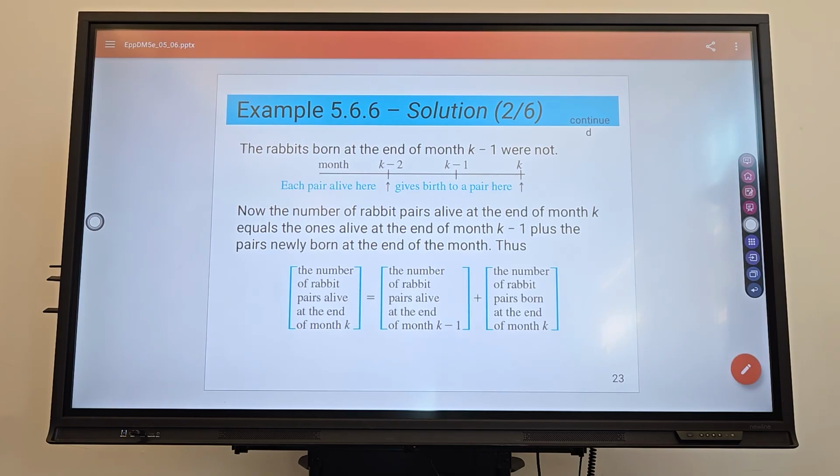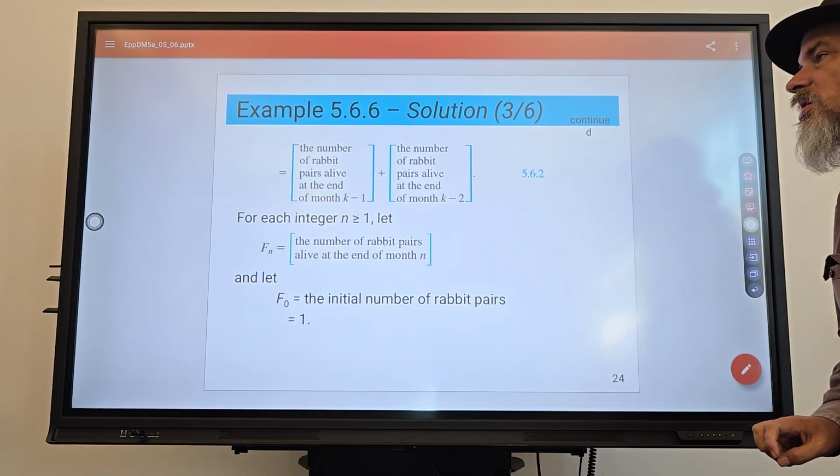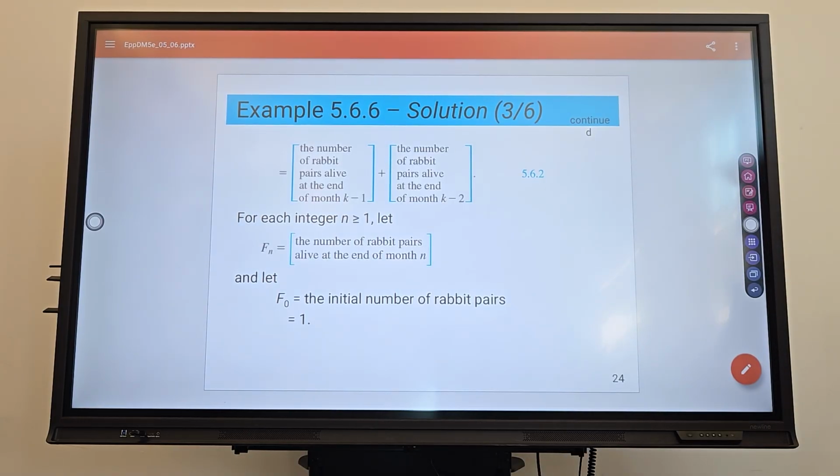Thus, the number of rabbit pairs alive at the end of month k is equal to the number alive at the end of month k minus 1 plus the number born at the end of month k, which equals the number alive at the end of month k minus 1 plus the number alive at the end of month k minus 2.